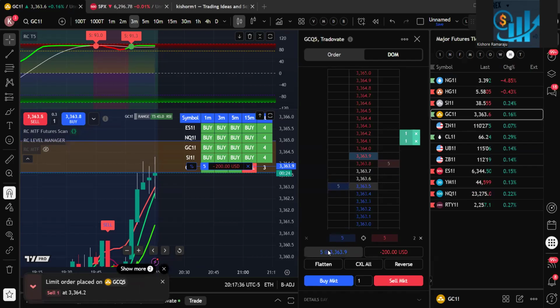I'll close because I opened 5 positions. I'll close 3 positions and then hold the 2 contracts.